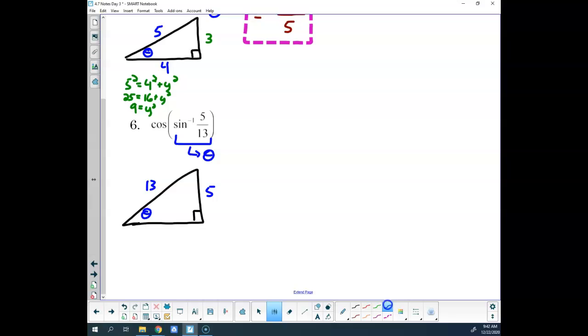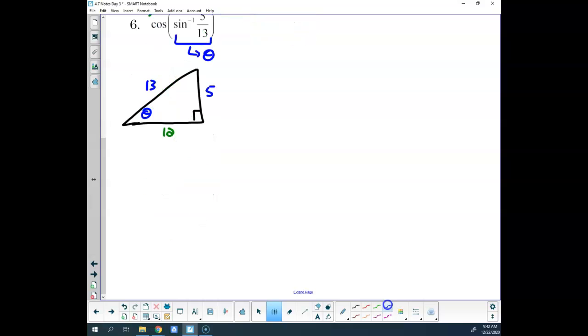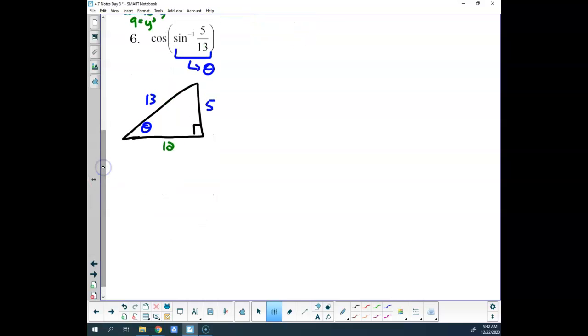Which then gives me a Pythagorean triple of 5, 12, and 13. Again, if you didn't know that, we could always have done 13 squared equals 5 squared plus x squared. 169 equals 25 plus x squared. 144 is x squared. That's where we got the 12 from. Okay?